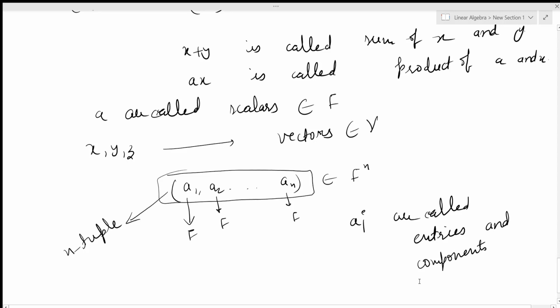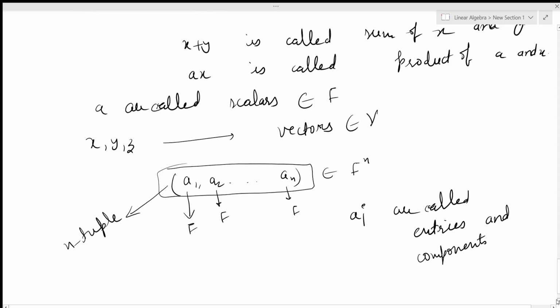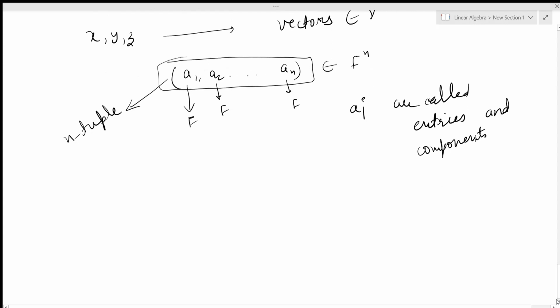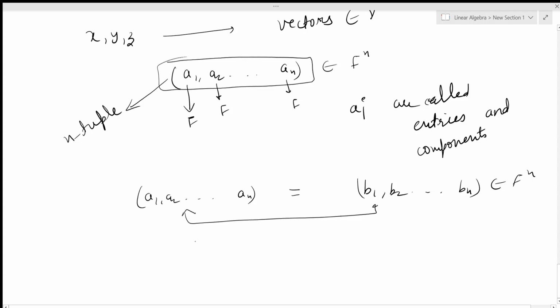If we have two n-tuples, a1, a2, up to an, and b1, b2, up to bn, belonging to F^n, these two are equal if and only if the entries are equal: a1 is b1, a2 is b2, and so on, an is bn. This is the same for vectors also.